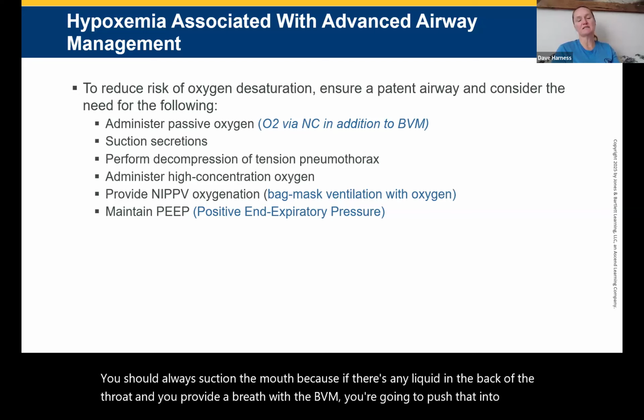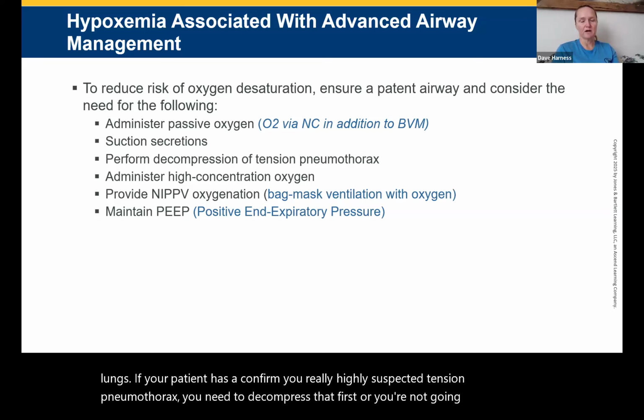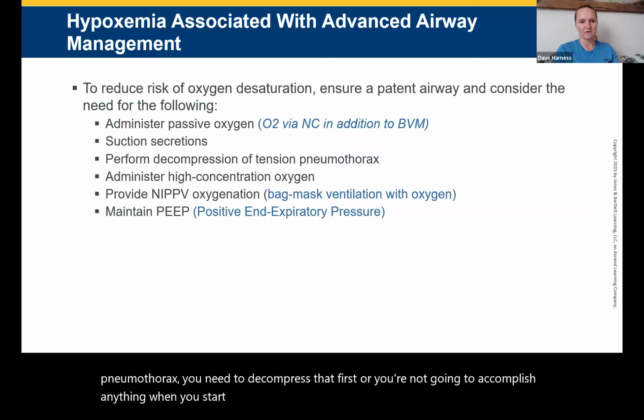If your patient has a confirmed or highly suspected tension pneumothorax, you need to decompress that first, or you're not going to accomplish anything when you try to ventilate them because one lung is going to be essentially collapsed.